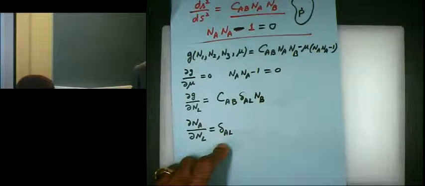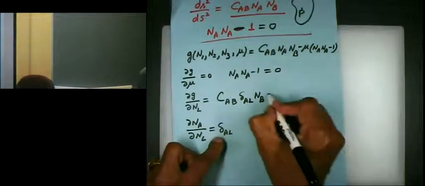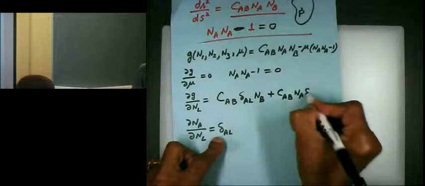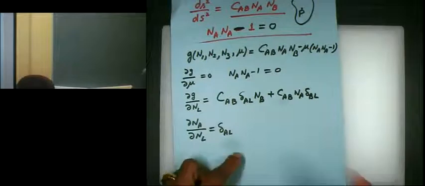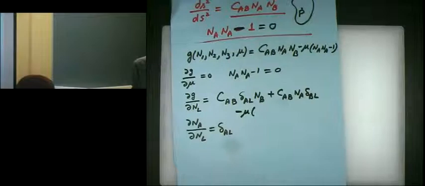Are we done? No, because n appears again. So we have to use the chain rule of calculus. The next term is then C_AB nA delta BL, minus mu, times nA nA minus 1. What is the derivative of nA nA with respect to nL?